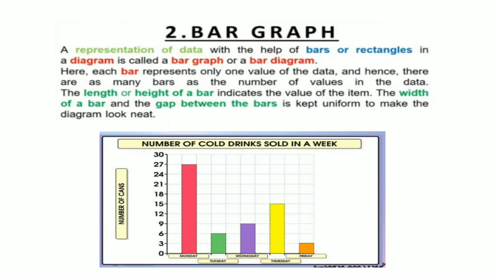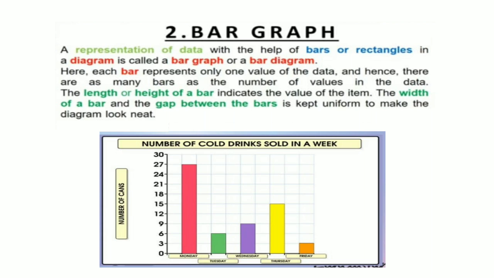The length or height of a bar indicates the value of the item, and the width of a bar and the gap between the bars are kept uniform to make the diagram look neat.